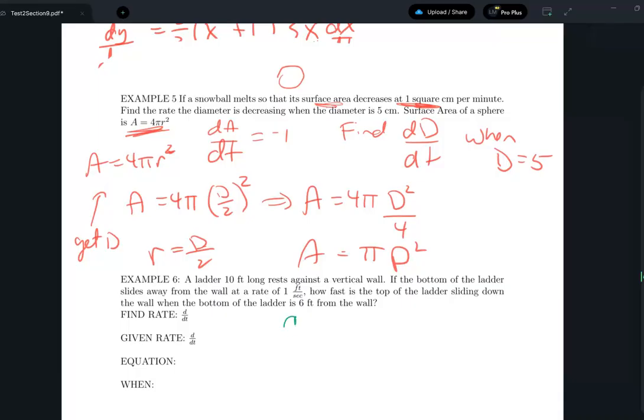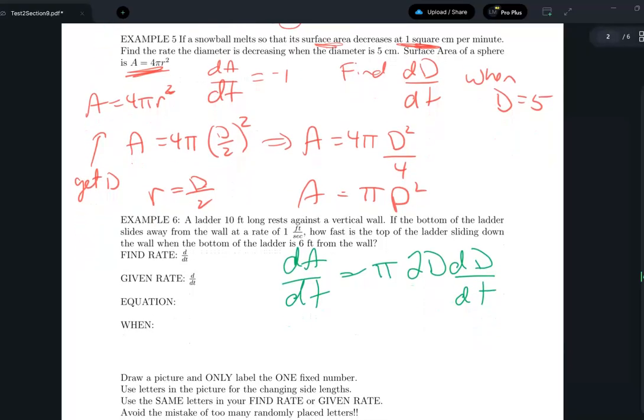So I get dA over dt equals, carry the pi, take the derivative of d squared, 2d dd over dt, then I get to plug everything in. So dA over dt is -1, pi times 2, and I'm plugging in d is 5.